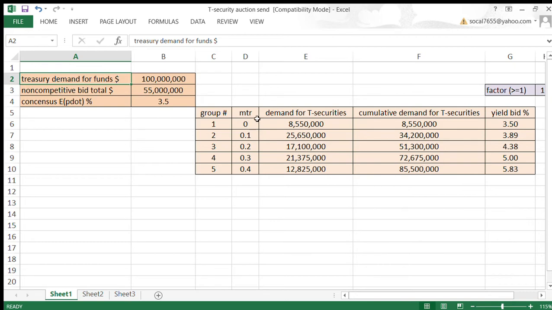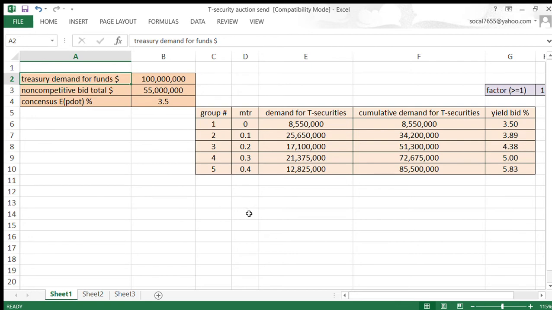One group has a marginal tax rate of 0, another 10%, 20, 30, and finally a group with 40% as the marginal tax rate. Their individual interest in purchasing Treasury securities, which involves, again, they're demanding a Treasury security, so they're going to be supplying money to the government. 8.55 million demanded by pension funds in whatever Treasury security is being auctioned here.